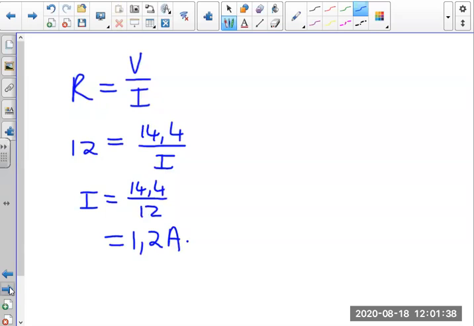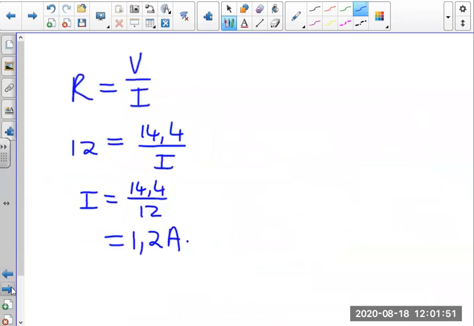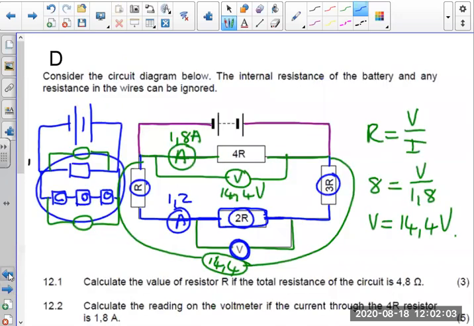And now let's go back to the picture. If I have this 1.2 amps, I have the current, I have the resistance. Now I can work out the voltmeter reading. So I can say R equals V over I. I have the current, it's 1.2. I want the voltmeter reading, and then the resistance is only 2R.